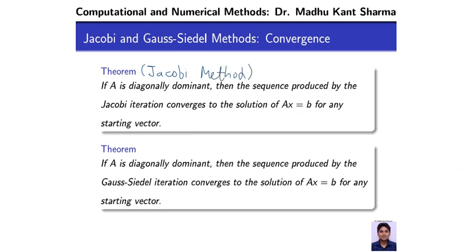So which says that if A is diagonally dominant. Okay, so let me define when you will say a matrix A is diagonally dominant.